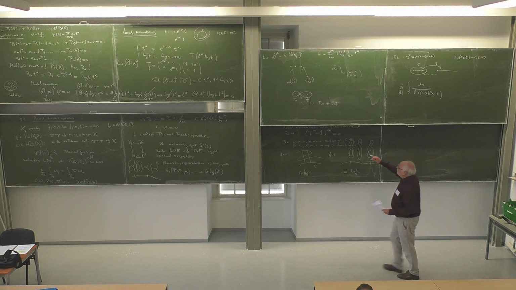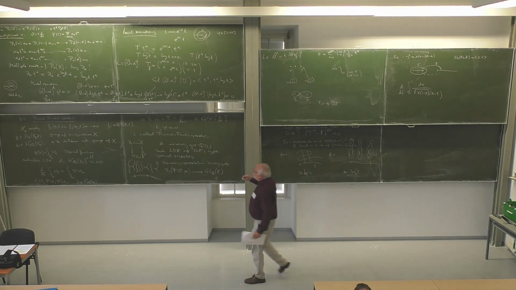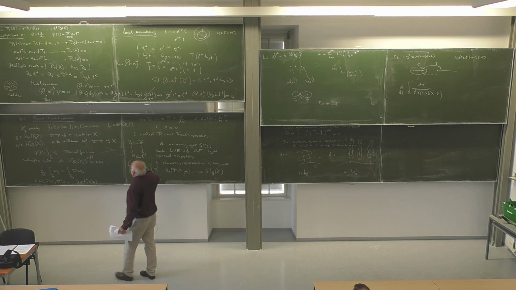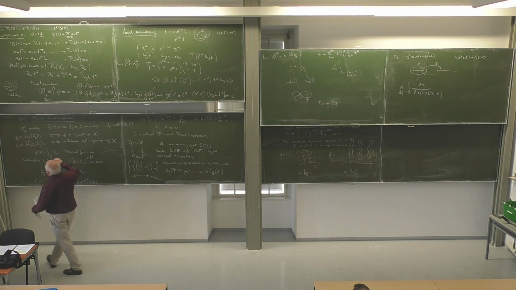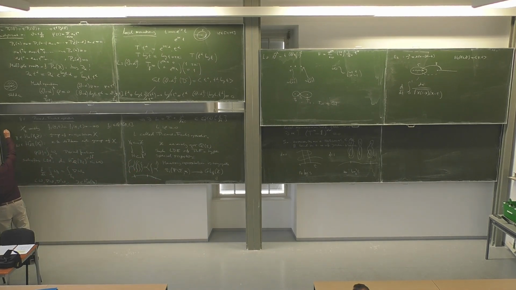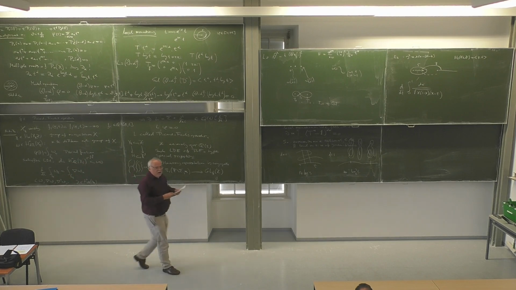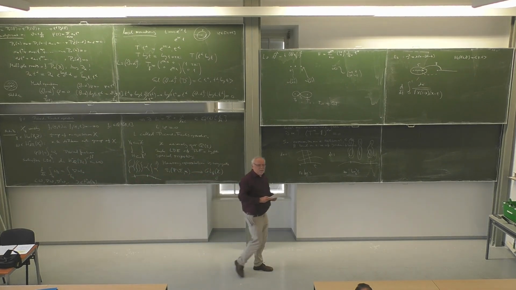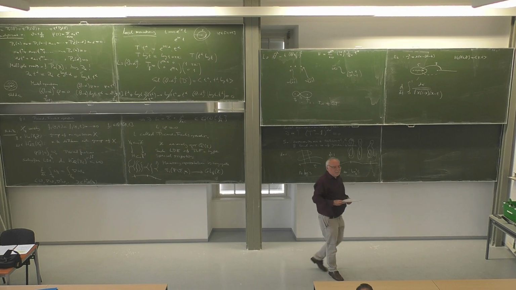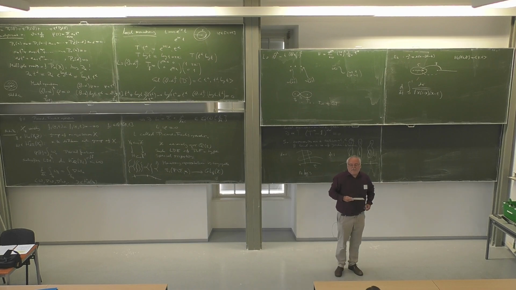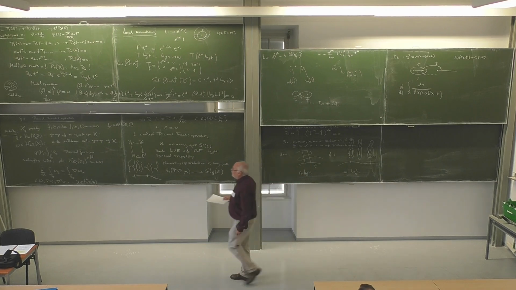D is the dimension. I should say, Gregory was saying, maybe we better assume n is D, but it's not necessary.